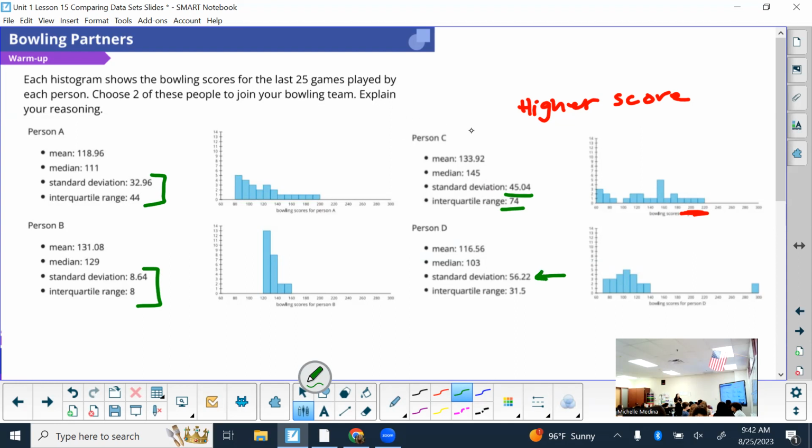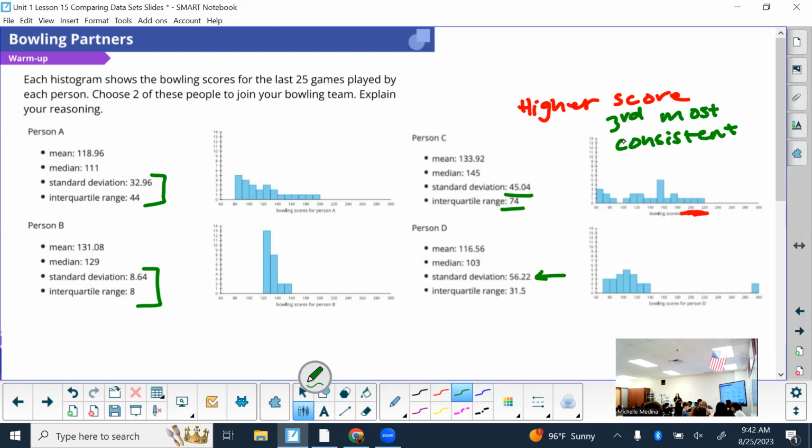But that actually means that C is maybe like the third most consistent.